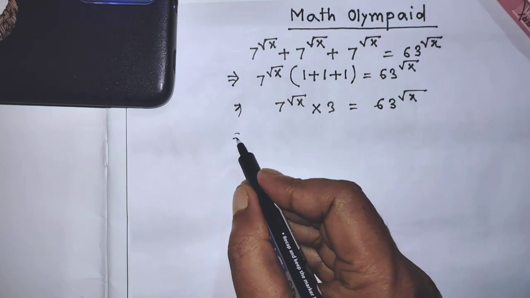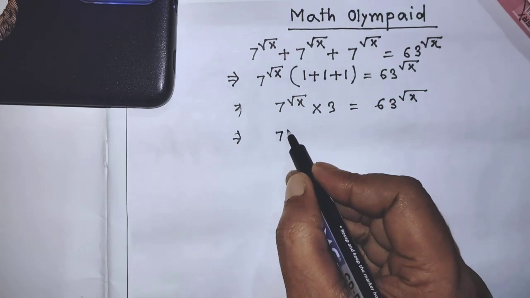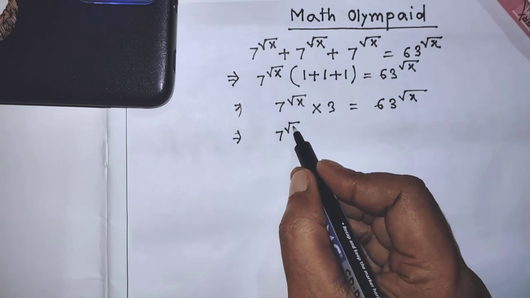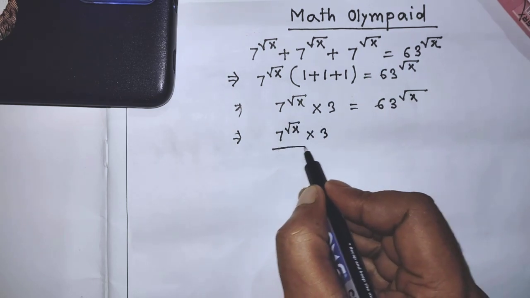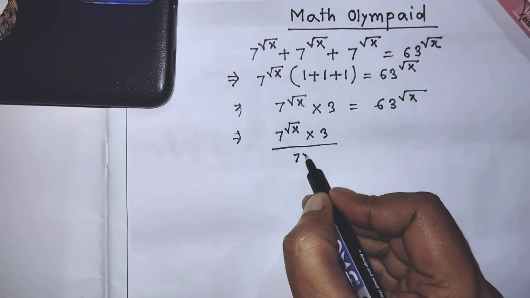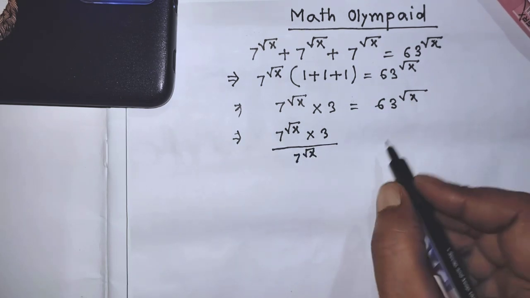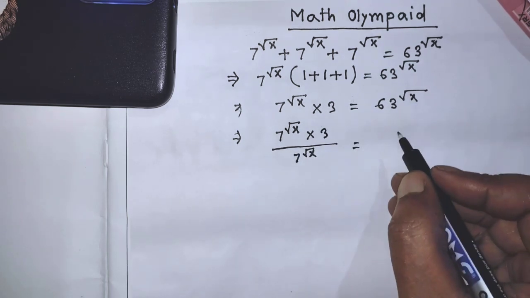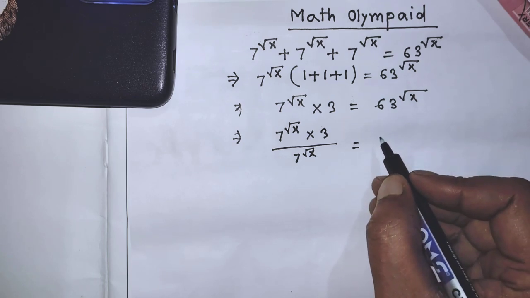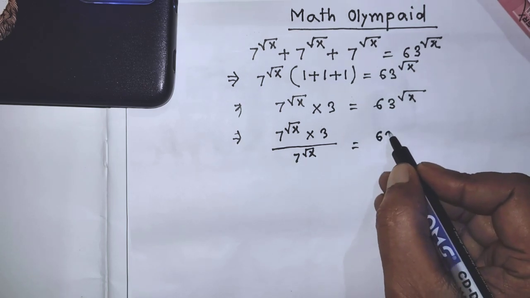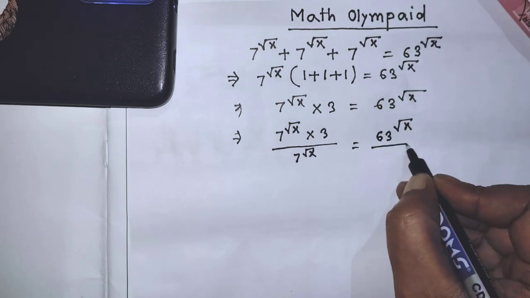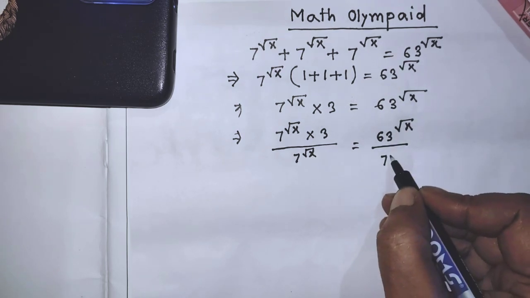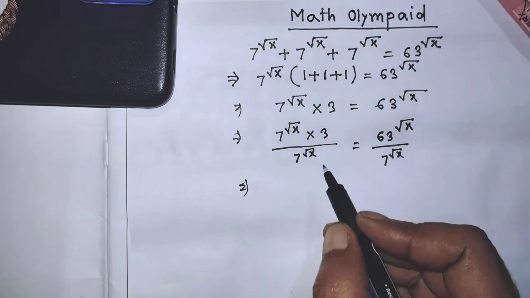So it will be 7 to the power square root of x times 3 over 7 to the power square root of x is equal to, on the right hand side similarly we can write in here 63 whole to the power square root of x over 7 to the power square root of x.